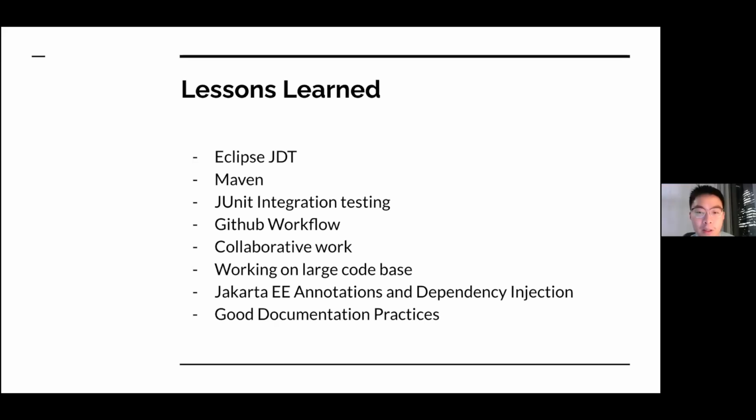My name is Zijian, and I'm in the annotation group with Shaunak and Daniil. What we learned from this project gave us a lot of hands-on experience in Java development. I remember at the beginning of the September code sprint, some of us spent a lot of time reading about annotations and dependency injection and setting up an Eclipse environment.